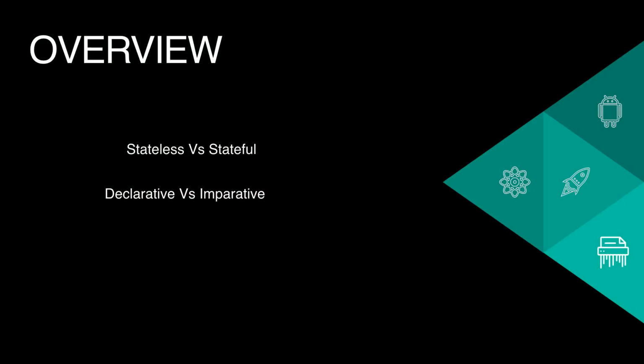We'll cover stateless and stateful widgets, and a little bit of declarative and imperative programming, because Flutter follows a declarative style, and typically native Android and native iOS use imperative, so it's kind of different.